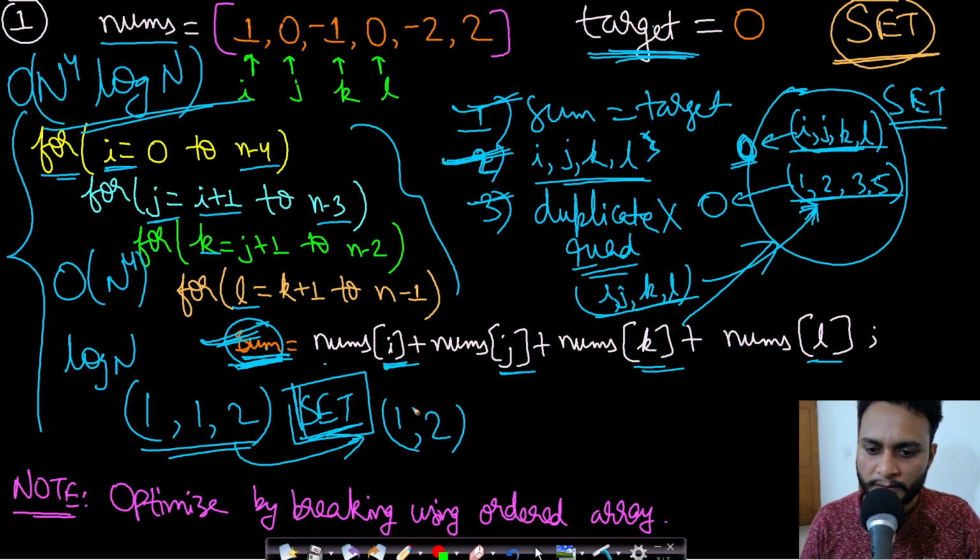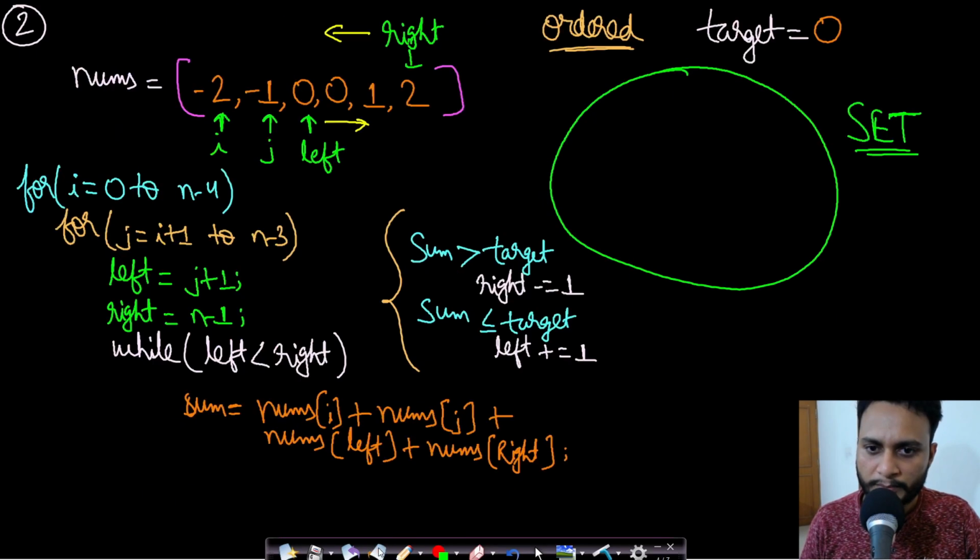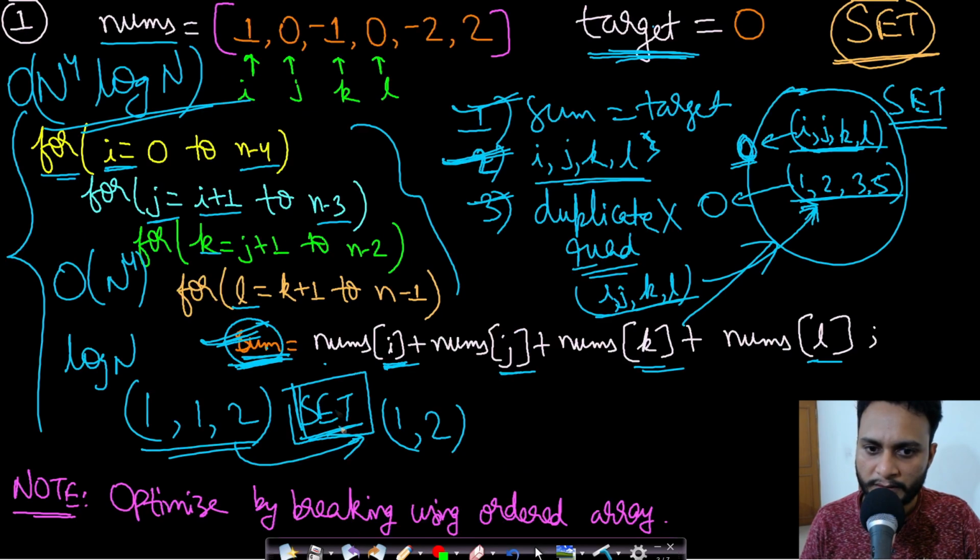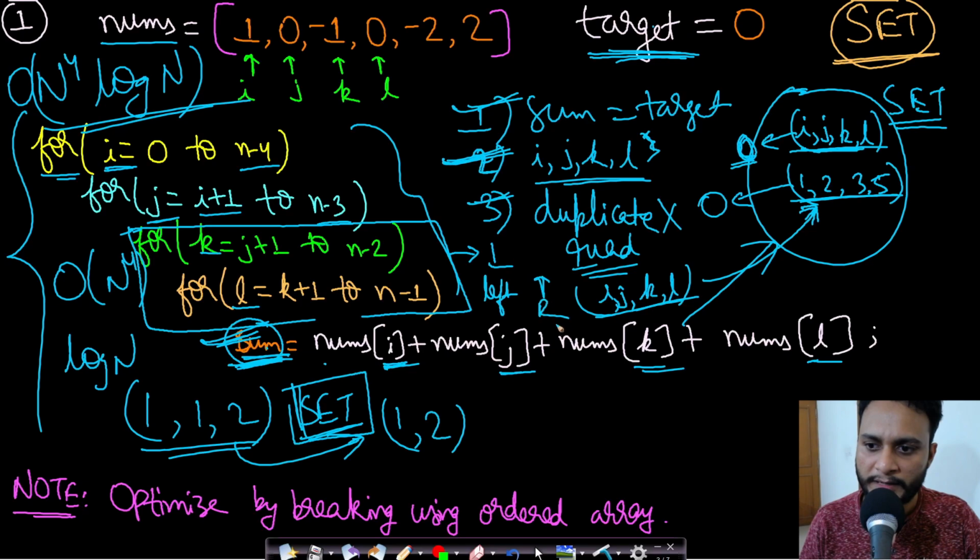So let's now see a second approach, which is also based on a set, but it will be a more optimal one. In the previous case we had just used four loops. So we can reduce the inner two loops into just using the two pointer technique. You will have a left pointer and a right pointer.